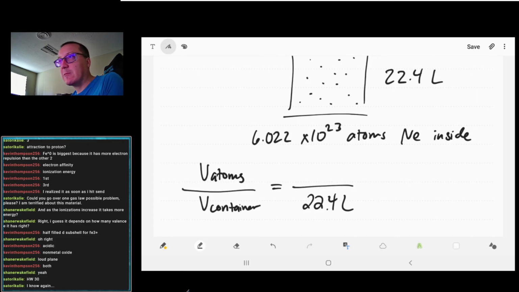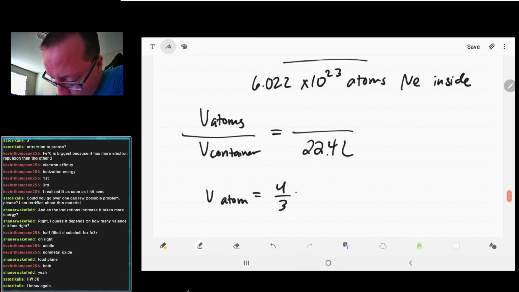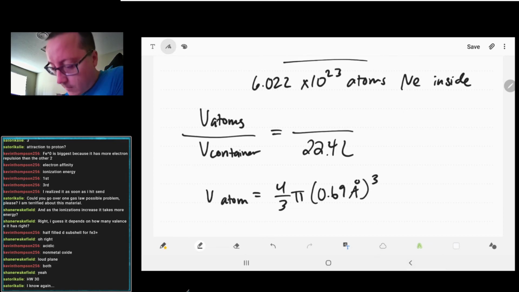Okay, so if we are comparing the volume of the atoms, we know that the volume of one atom is 4/3 pi r cubed, right? We're assuming they're spherical, which is a pretty good assumption. And we know that we have this many atoms in there, right?